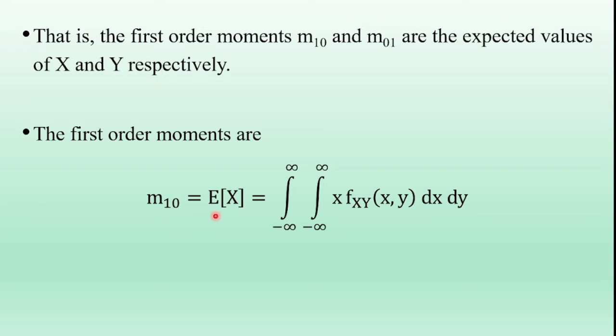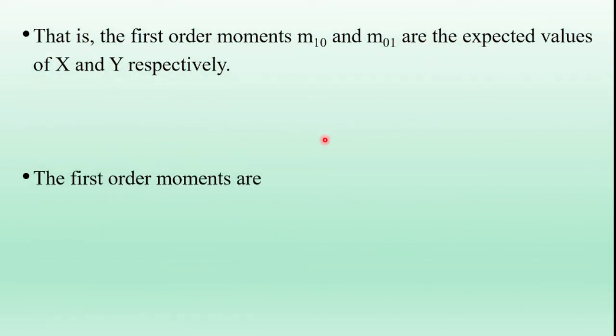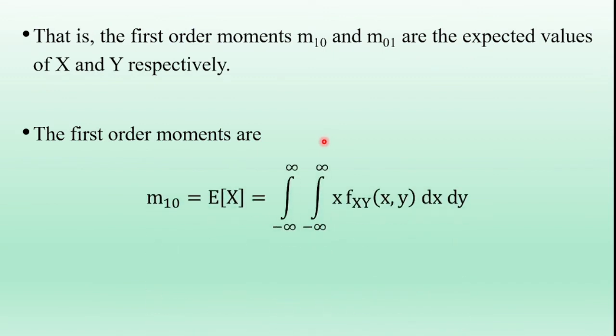So m10 is equal to expectation of x, which is equal to the integral from minus infinity to infinity, integral from minus infinity to infinity, x into f_XY of x comma y dx dy.